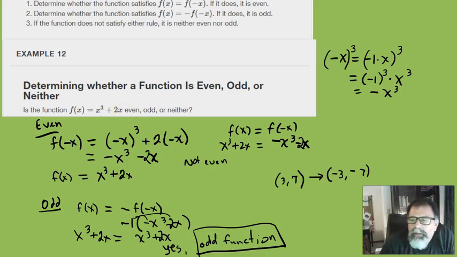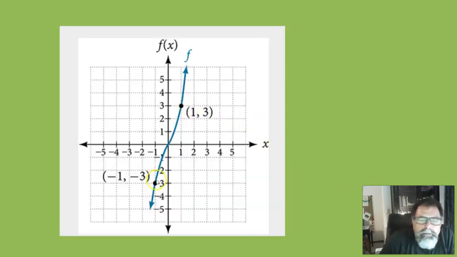So if (1, 3) is on the graph, that automatically tells me that (negative 1, negative 3) is on the graph. So I automatically get that one for free. I do the work to figure this one out, and I get that one for free if I know symmetry.